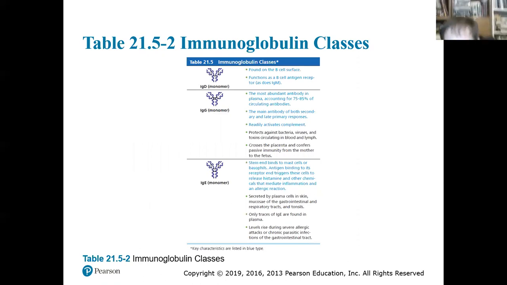Let's see what else it says here. Secreted by plasma cells in the skin, the mucosa of the gastrointestinal tract, respiratory tract, and tonsils. Not common in the blood plasma. Levels rise during severe allergic attacks and chronic parasitic infections of the gastrointestinal tract.